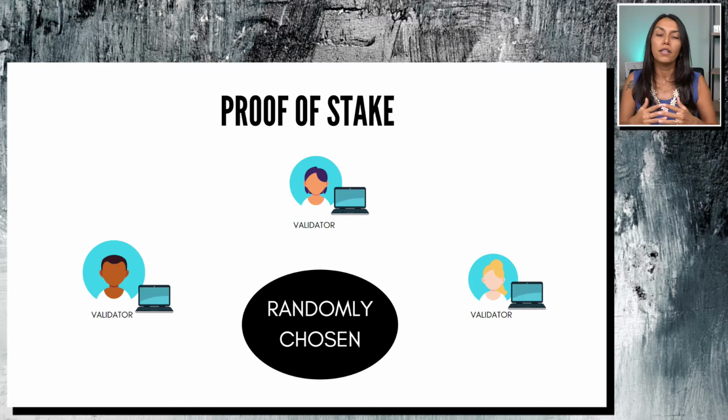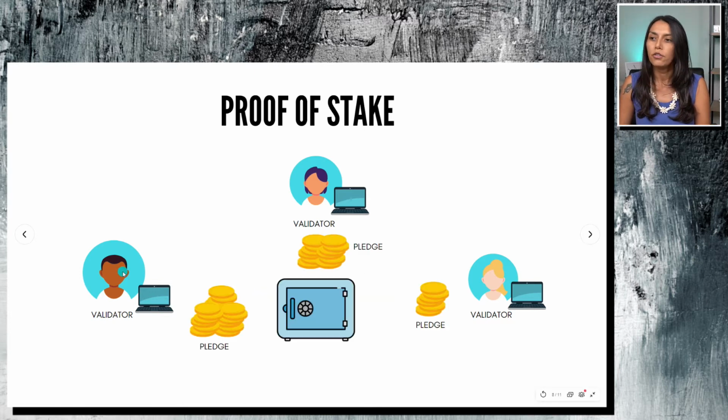So the people working in the blockchain don't need to invest as much in technology as with the proof of work process. But how can they become validators? By giving a pledge, which is kind of like a security deposit.